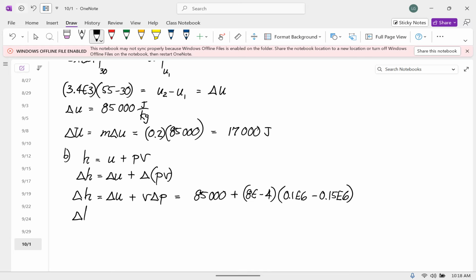And so the change in specific enthalpy is 84,960.